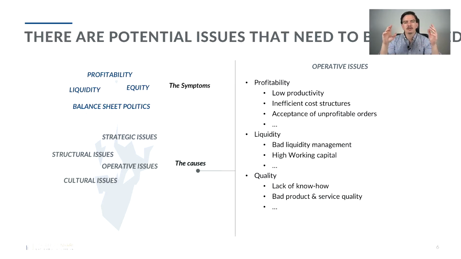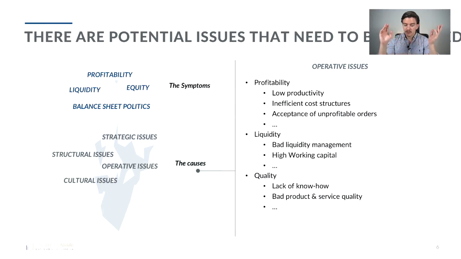Very often there is not much transparency in the sales department. So this means that companies are accepting offers, although this offer creates a negative gross margin even. Okay, and this is obviously a huge problem. In terms of liquidity, sometimes you have bad liquidity management or high working capital, and this obviously means that the cash doesn't work probably the way you want it to work.